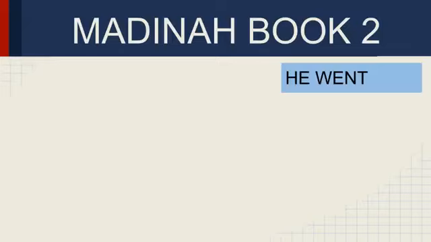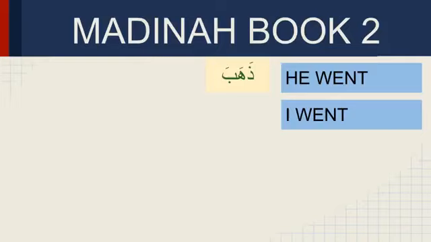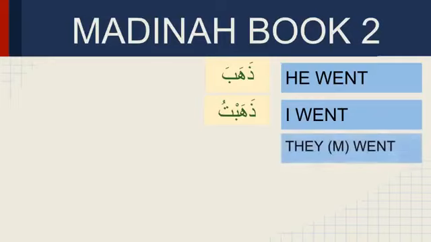If I ask you, what is he went? He went will be dhahaba. What is I went? I went will be dhahabtu. If I say they, male, all of them went, male will be hum, dhahabu.